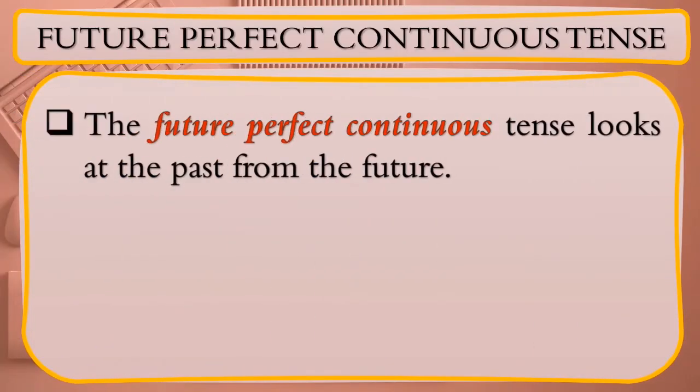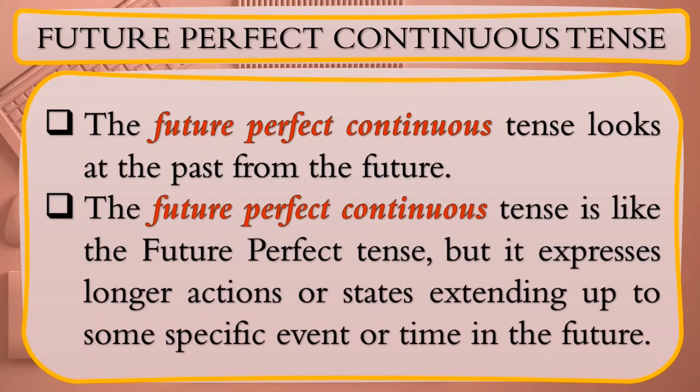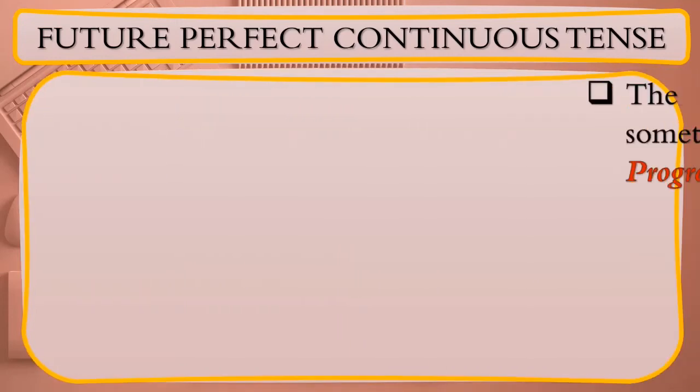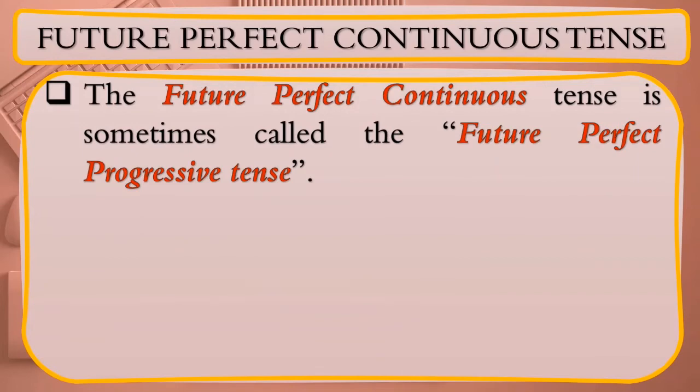The future perfect continuous tense looks at the past from the future. It is like the future perfect tense, but it expresses longer actions or states extending up to some specific event or time in the future. It is sometimes called the future perfect progressive tense.